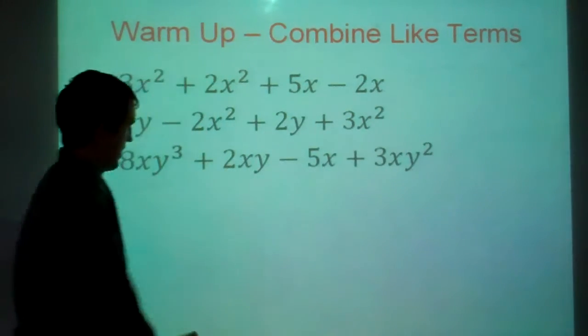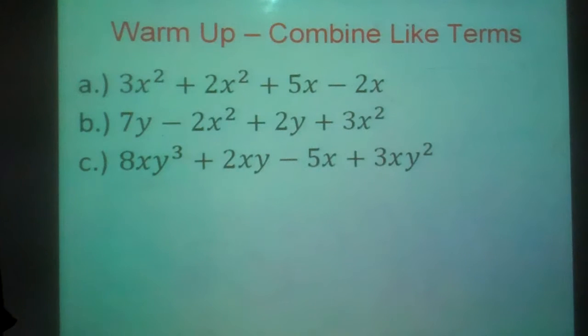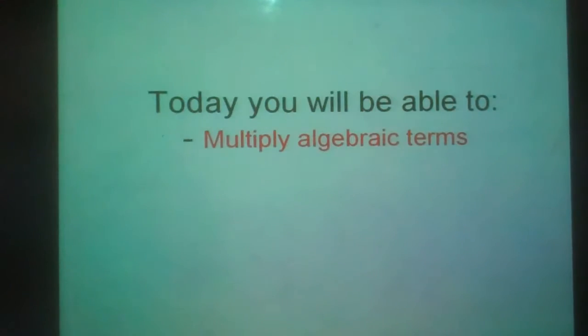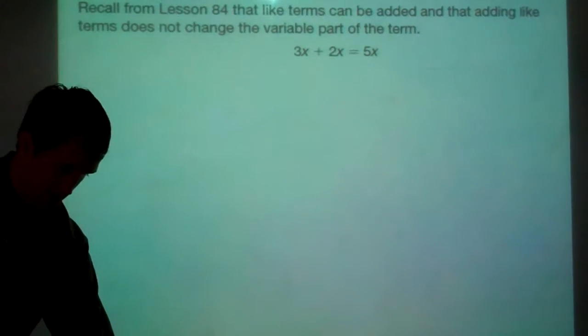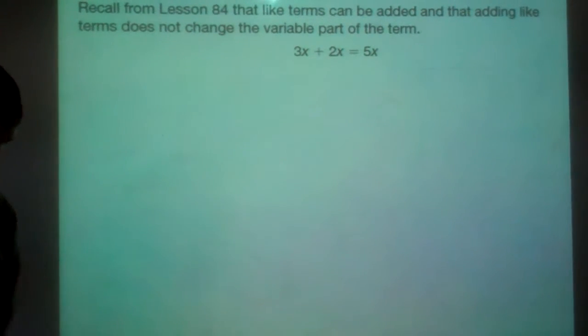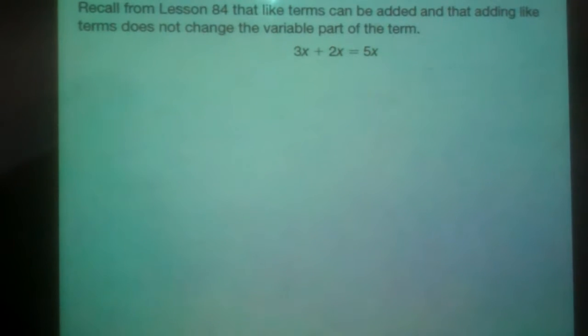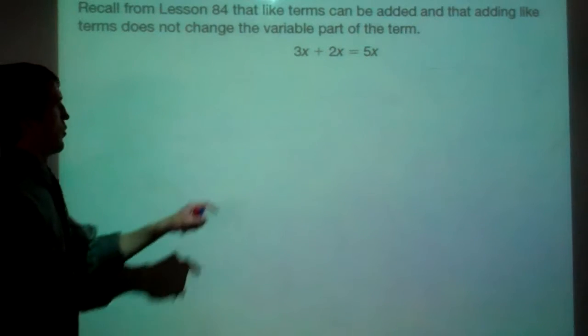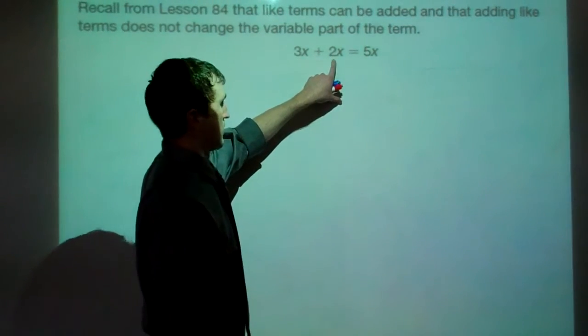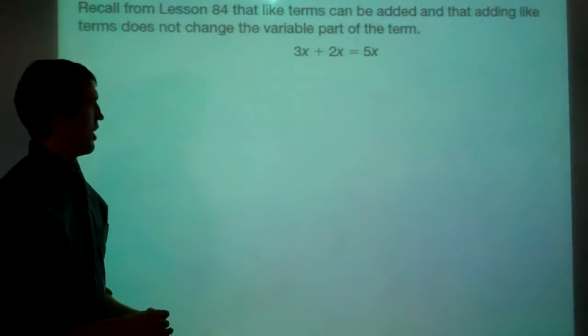Now like I said, today we're going to learn how to multiply them. And this is a little different. So we'll recall that 3x plus 2x equals 5x. And once again, that means we have 3 x's and 2 x's. So if we combine them, we get 5x.